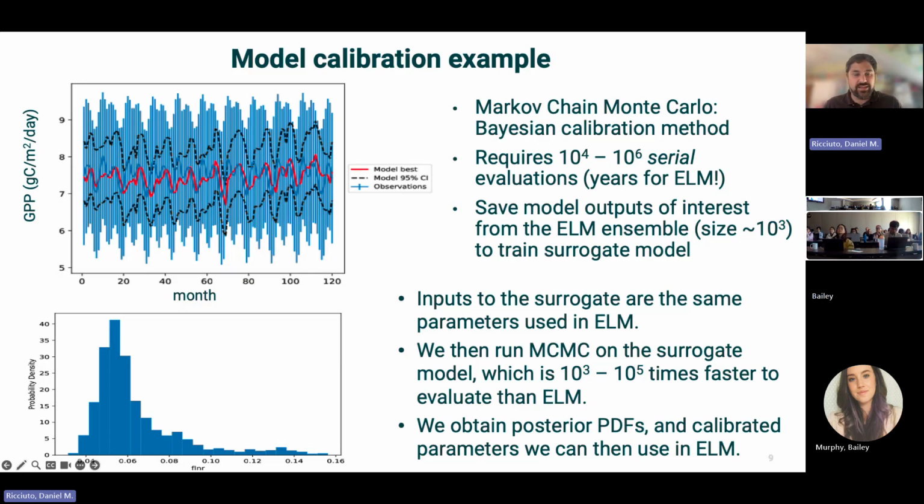I think in this case we calibrated 10 parameters, so we have 10 of these. I'm just showing the most sensitive one here that we could then take back and use in ELM. On the top are the observations in blue with their uncertainties, then the model best fit in red, and the posterior confidence intervals of model predictions shown by the dashed black lines.